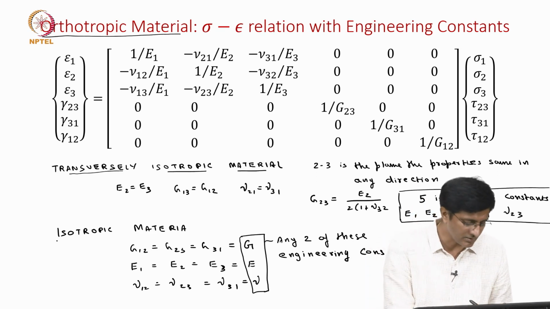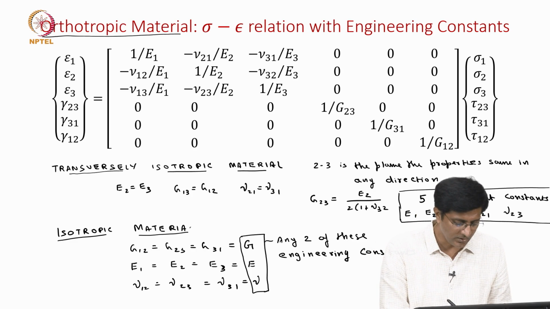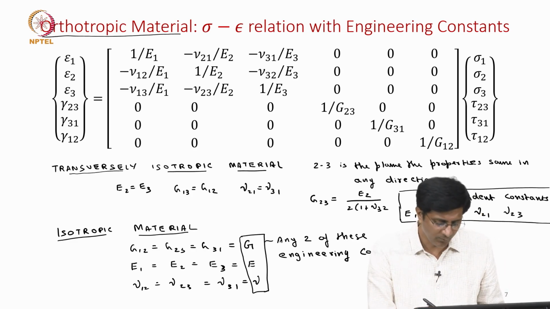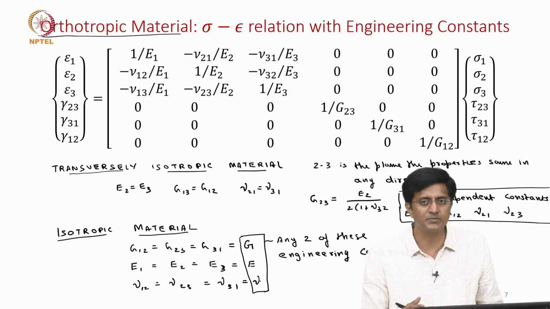And lastly, if we are considering an isotropic material, we can get rid of the subscripts because these material properties can be simply written as shear modulus G, elastic modulus E and Poisson ratio nu. But since only 2 of them are independent, we can pick any 2 of these 3 and write the stiffness matrix as well as the compliance matrix.